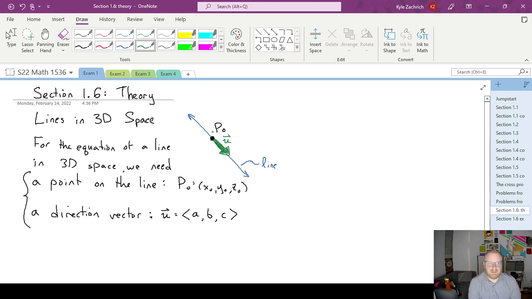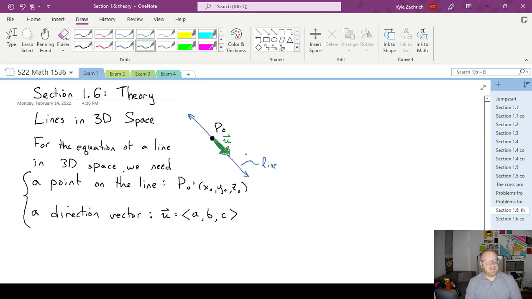And in addition to that, just like a normal vector, 2u would also be a valid direction vector, right? We start at this point and we travel 2u. That gives us a definition for that line as well.